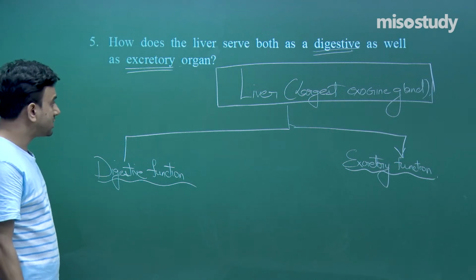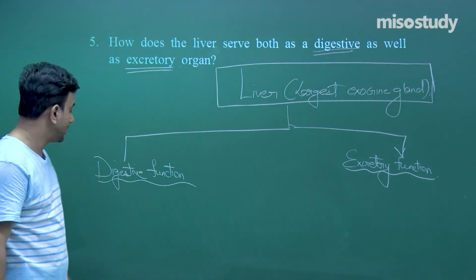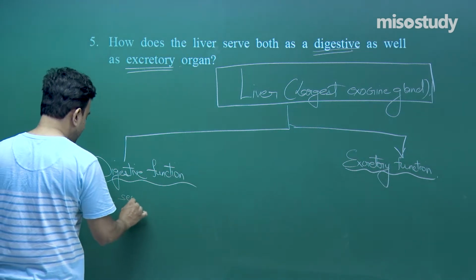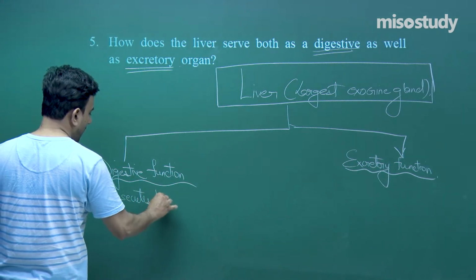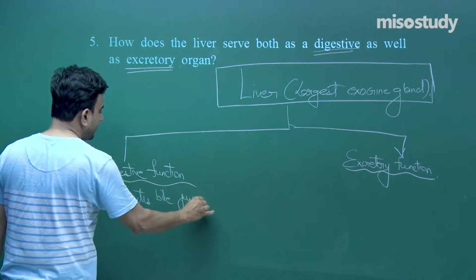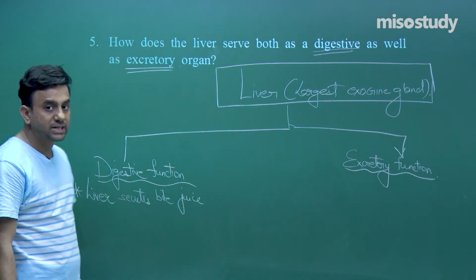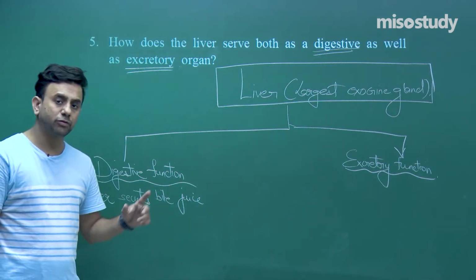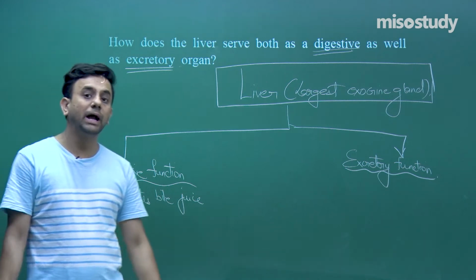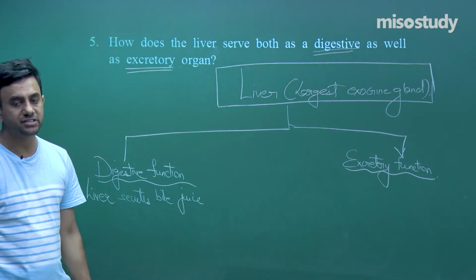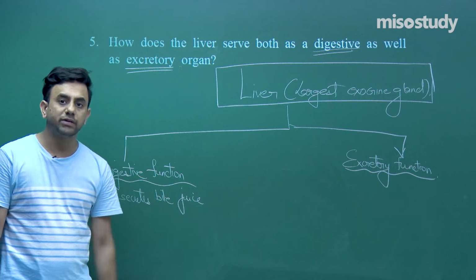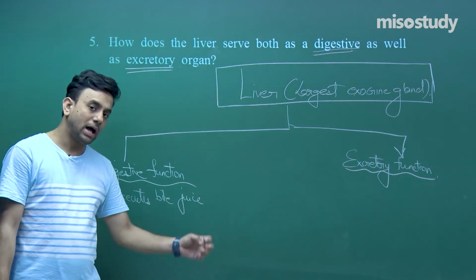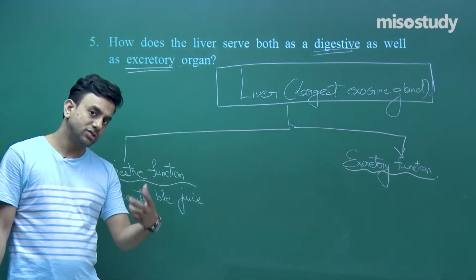When we talk about the digestive function, the liver secretes bile juice. We have seen that the liver consists of hepatocytes, and in the bile canaliculi these hepatocytes secrete the bile, and from there it goes to the hepatic ducts, the right hepatic duct, the left hepatic duct, the common hepatic duct, and the bile duct, and through the common hepatopancreatic duct it finally reaches the duodenum.